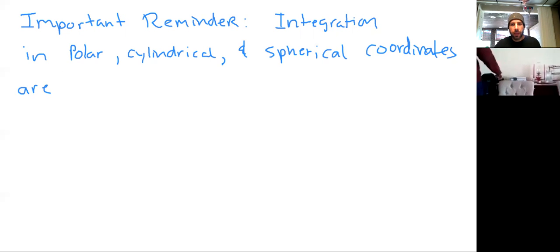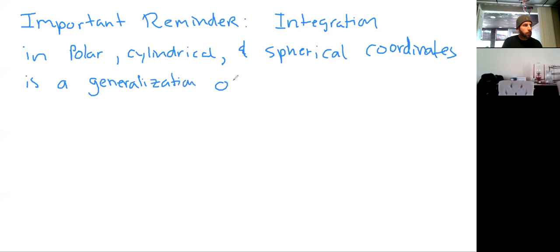I shouldn't say are. I don't know the correct English here. Is it are or is? I guess we'll say is. All this is a generalization of u-substitution from Calculus 1.